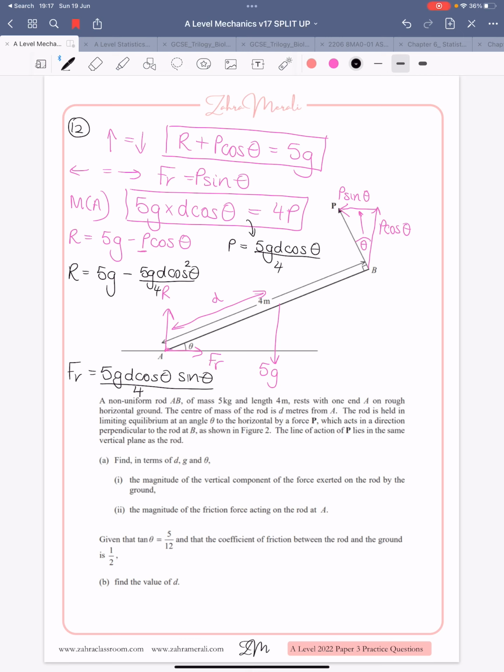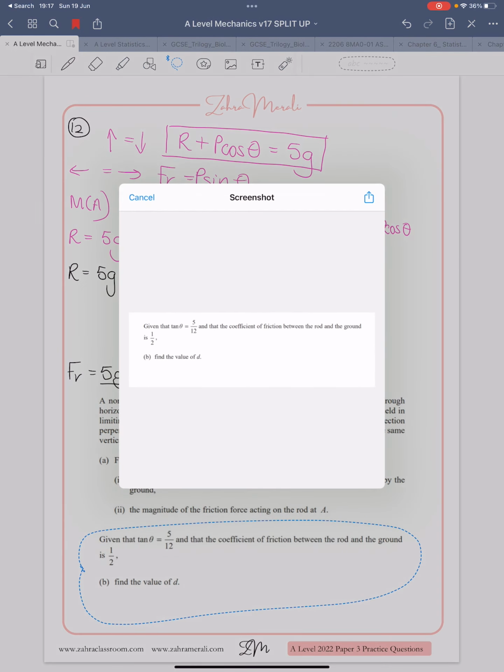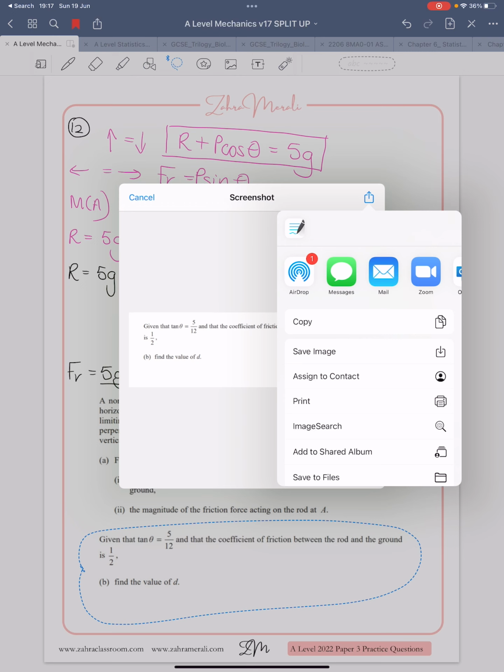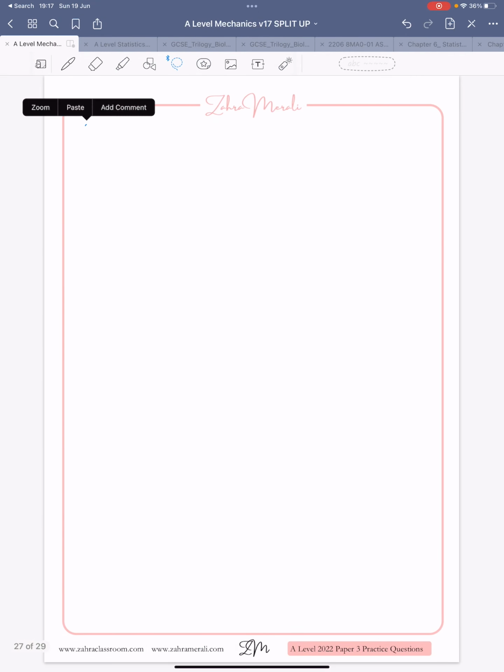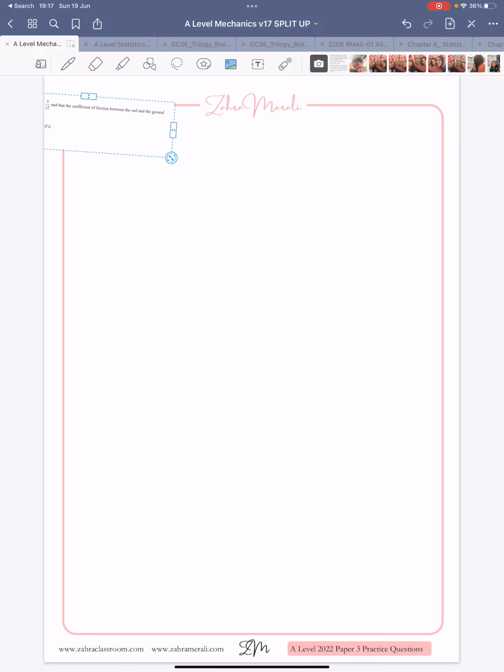Now we're told that tan theta is 5/12. So if we take this over onto the other page, and we've got a coefficient of friction here. So let's copy that over. And let's see what that's going to come out to be.